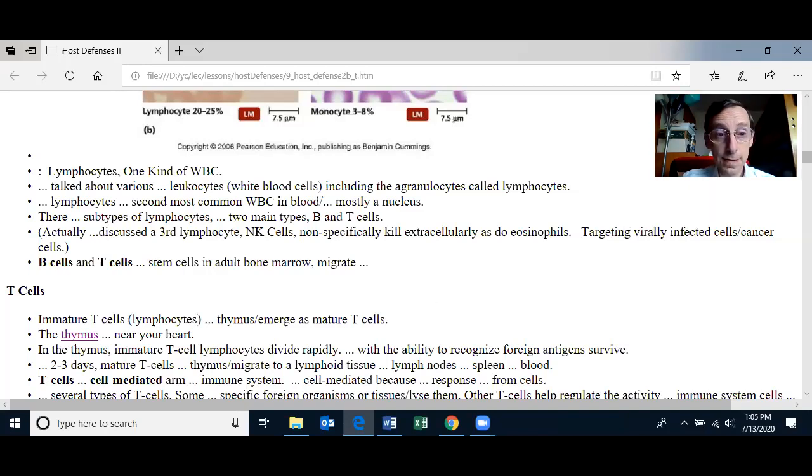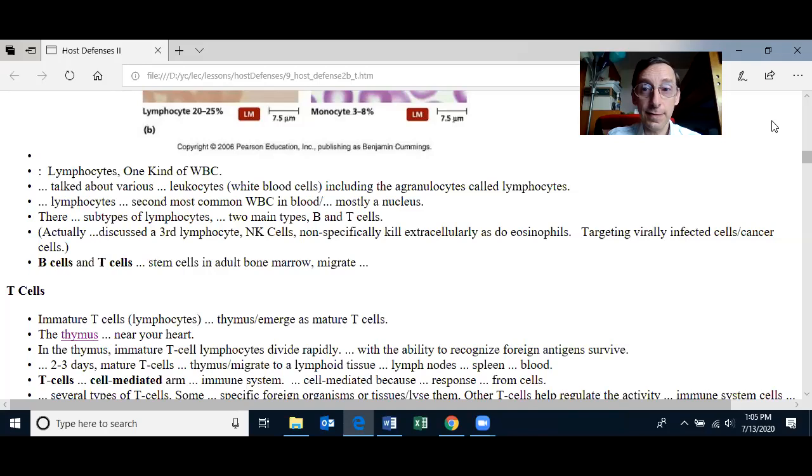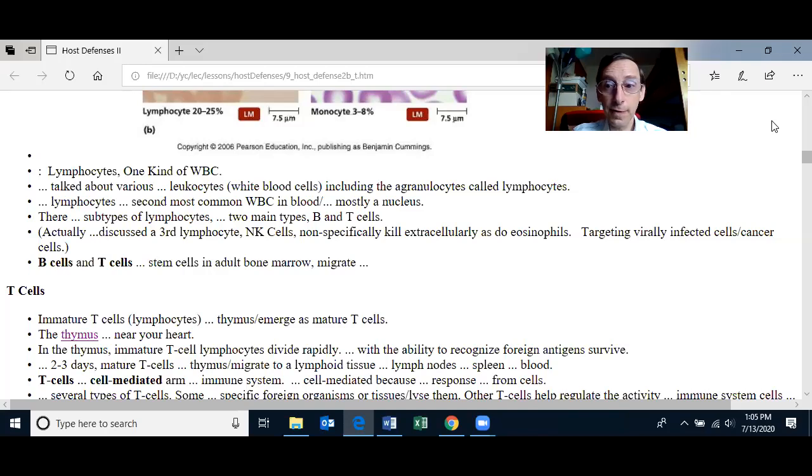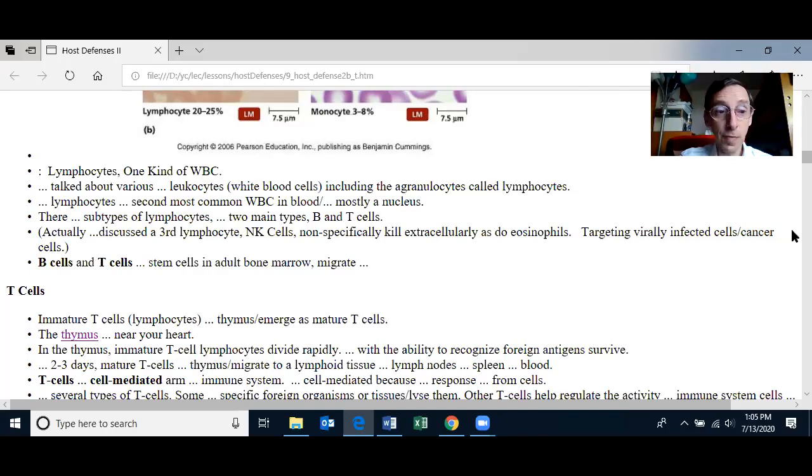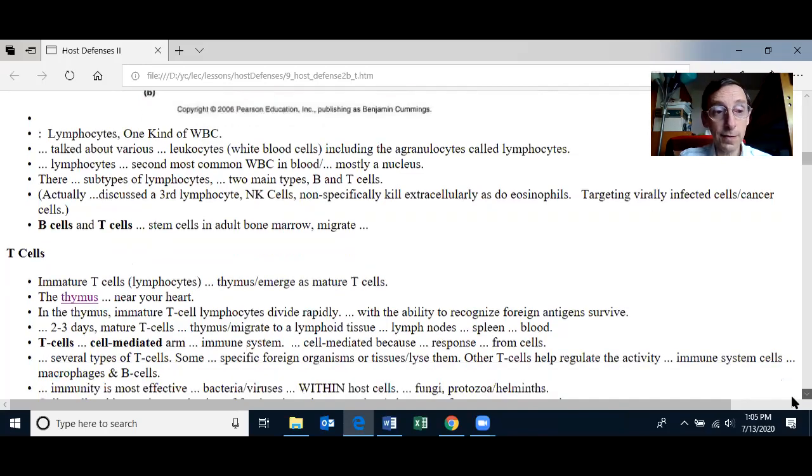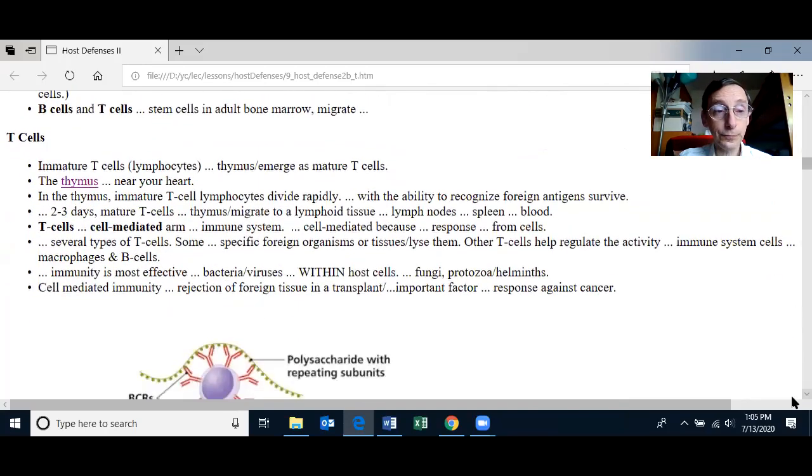If not, maybe I should put this at the top. Nope, it's not going to work there. Let's put it way over there. So we need to talk about the T cells, the immature T cells, which are in the bone marrow of the adult.